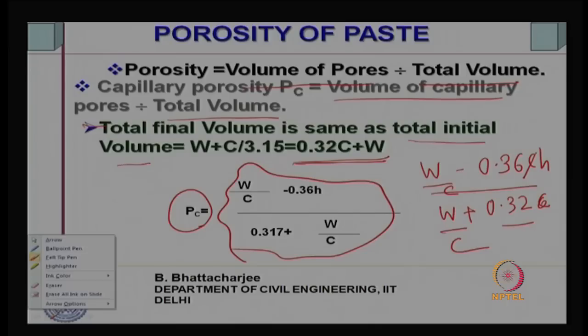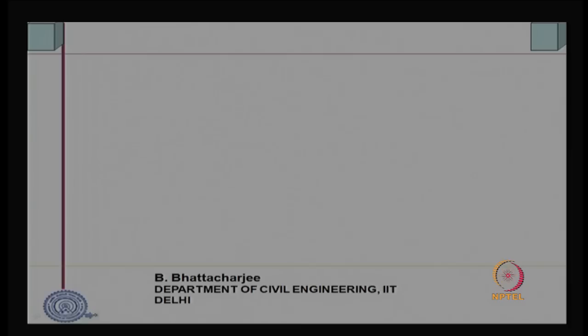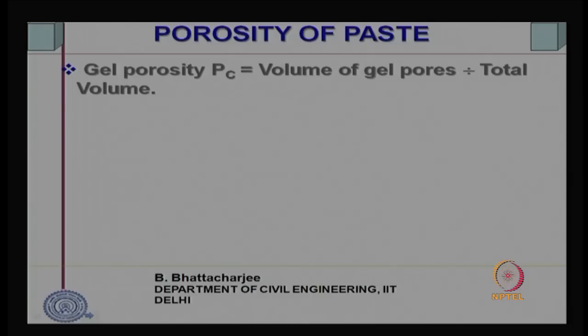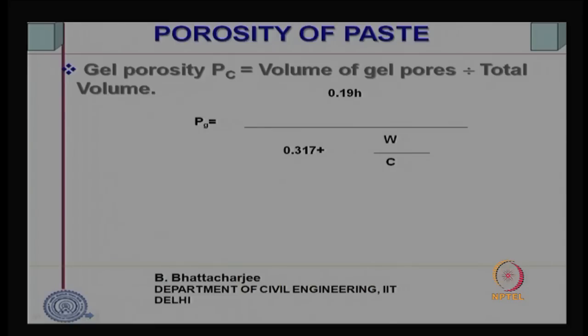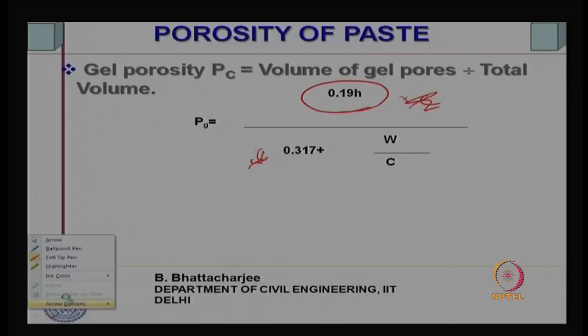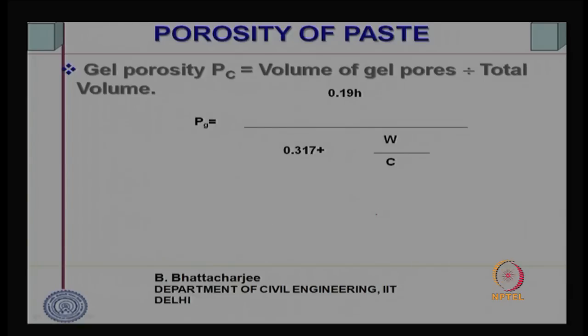Gel porosity will be the volume of gel pores divided by total volume, and recall the volume of gel pores was 0.19 H into C, and the total volume was W plus 0.32 C. If I divide both sides by C, I get 0.19 H divided by 0.32 plus W by C. So, this is the gel porosity.